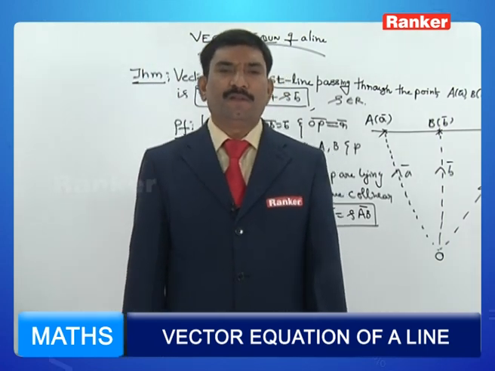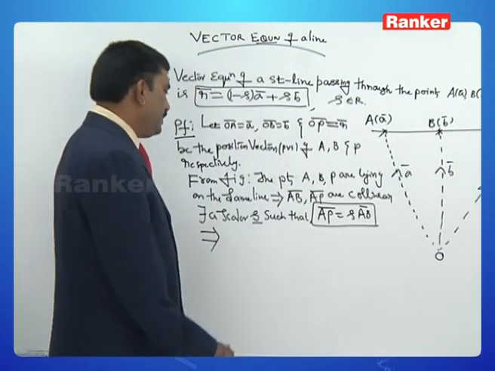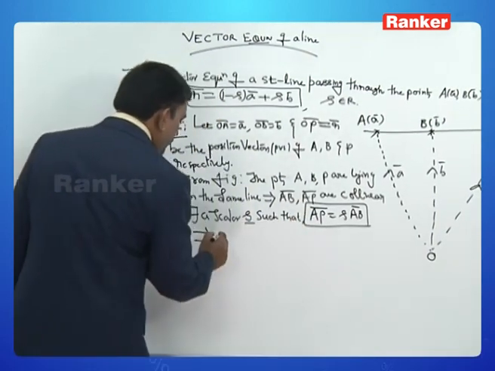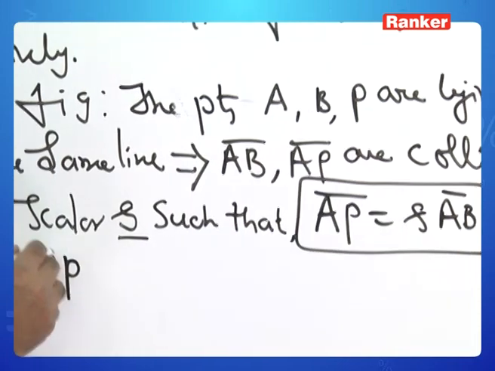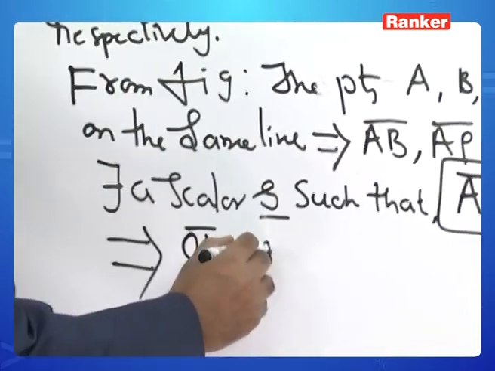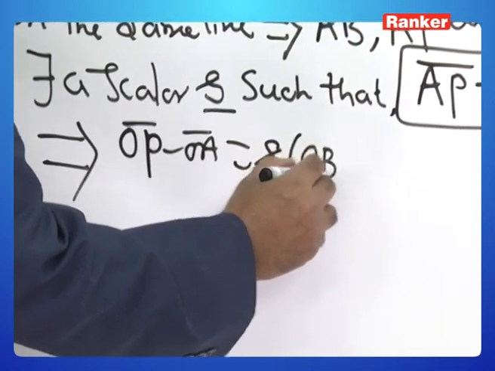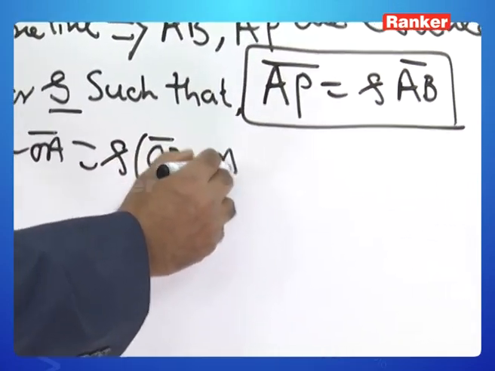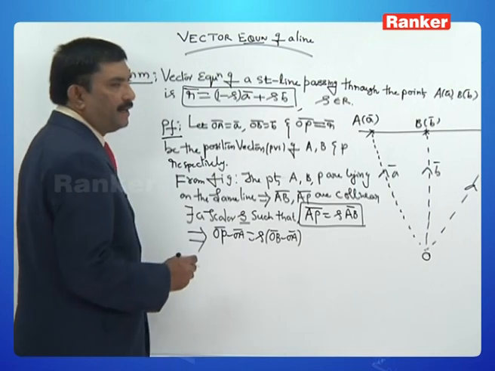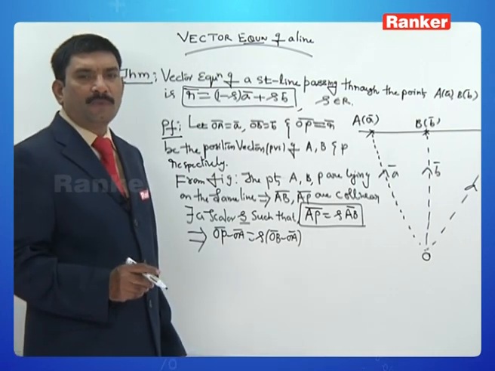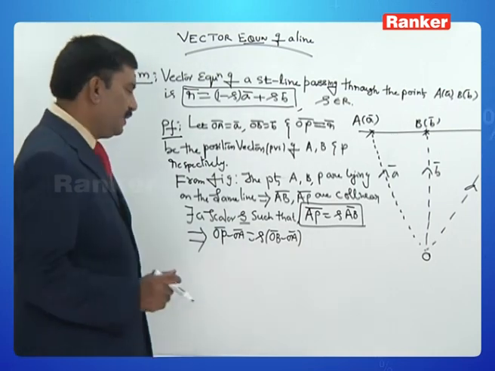So what I do is, this vector can be expressed using position vectors of its extremities as S into OB minus OA.